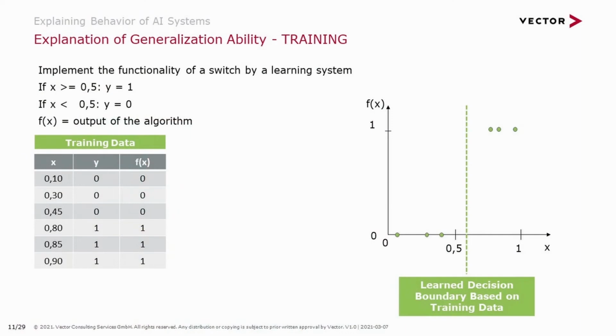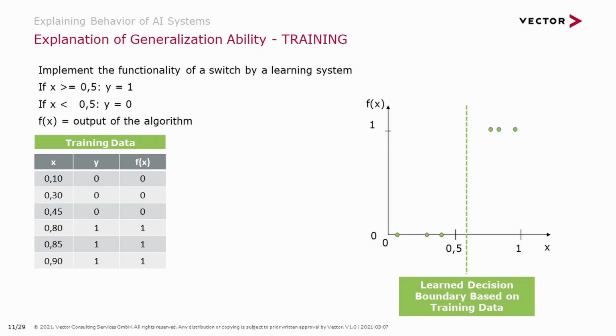Now on the right hand side we see something that is called decision boundaries. These learning algorithms of classifiers tend to learn decision boundaries between several classes. In our very simplistic example of the switching function, it may look like this.